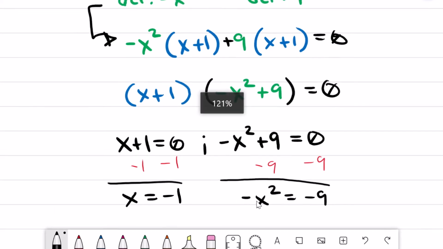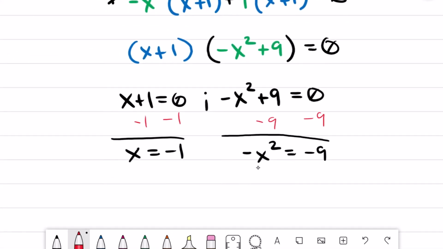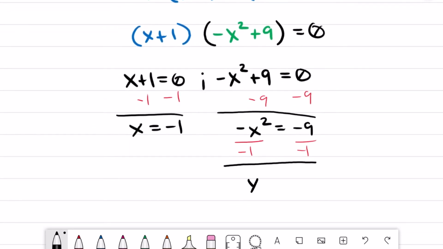I want to get rid of this negative, so I'm going to divide both sides by negative 1. That's going to eliminate the negative on the left side, which is going to leave me with just x squared, and then on the right side I'm going to be left with 9. And I'm just going to bring this with me because that's already complete. I have already found my first solution.